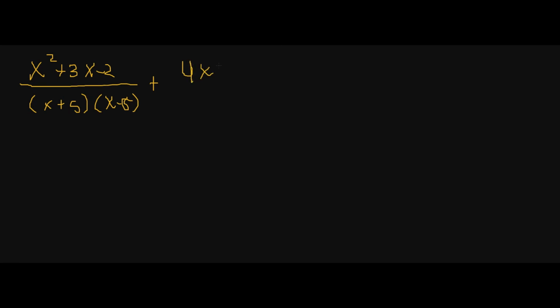Let's look at x squared plus 3x minus 2 all divided by x plus 5, x minus 5, okay, plus, let's say, 4x plus 12, all divided by x plus 5 and x minus 5, okay?